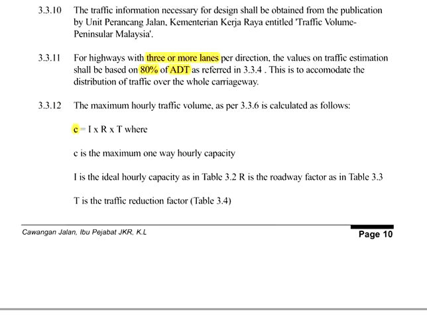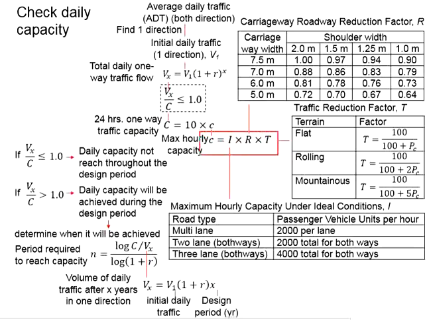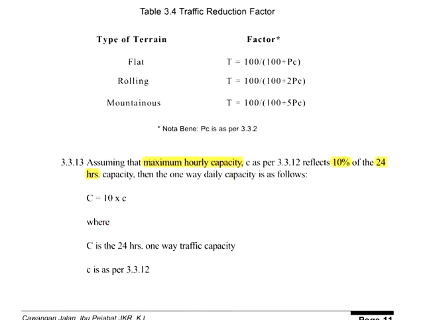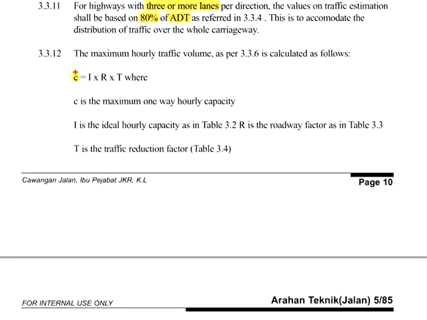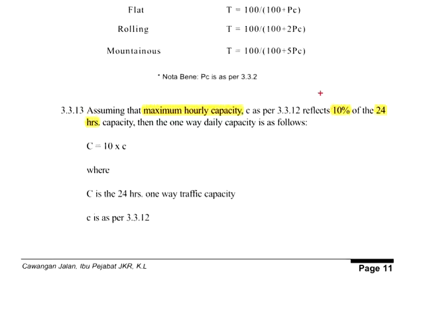It is calculated using this formula: I multiply R multiply T, as given by the equation here. It is assumed that the c as acquired from this equation constitutes about 10% of the 24 hours traffic capacity. Therefore, in order to compute the 24 hours traffic capacity, you will need to multiply the c by 10 times.